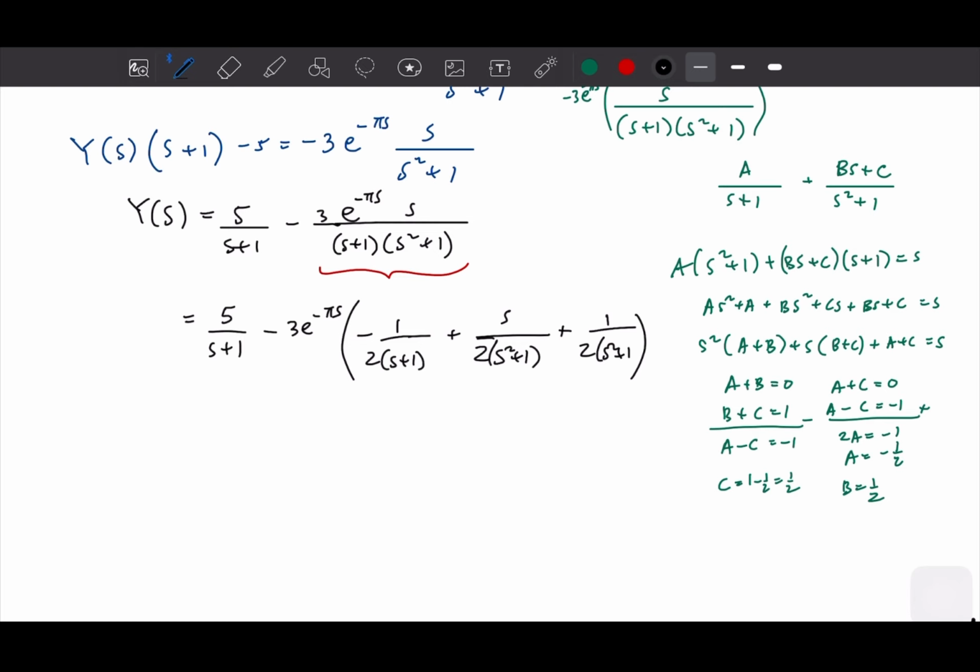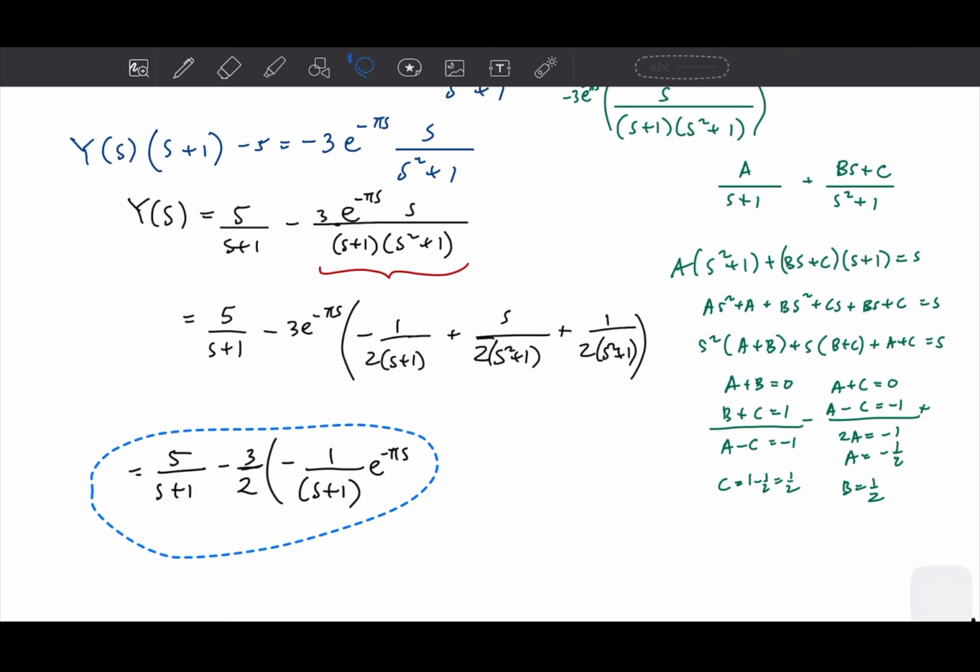Now we take the Laplace inverse, or maybe let me take the more clean form. It's 3 over 2, this is negative, and put all with e, okay, because we want to make the connection to the Heaviside, so we need to multiply with e.